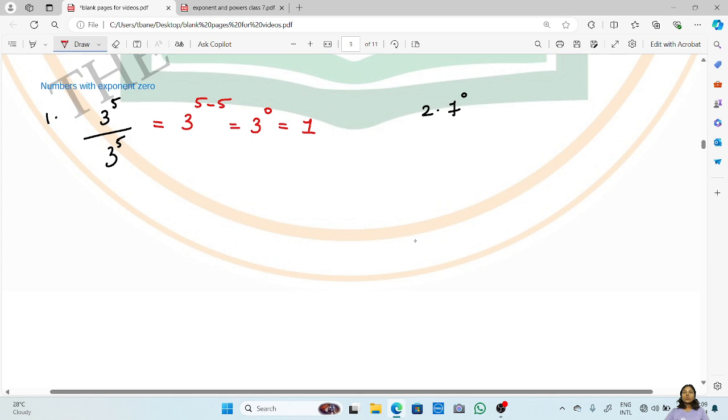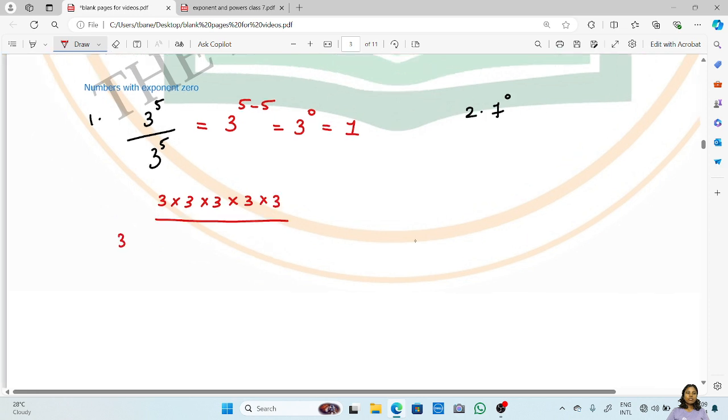Let's try to find this the other way. We have 3 into 3 into 3 into 3 into 3 upon 3 into 3 into 3 into 3 into 3. Now, how did we get 1 over here? This shortcut method, we know we are getting 1. So it is basically 3 upon 3, which is 1. You can cancel out all of these.